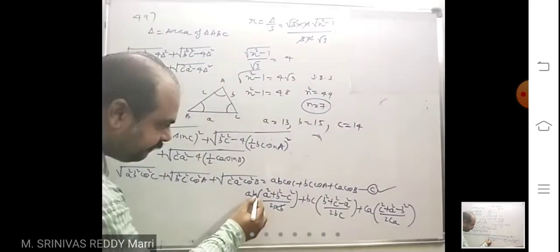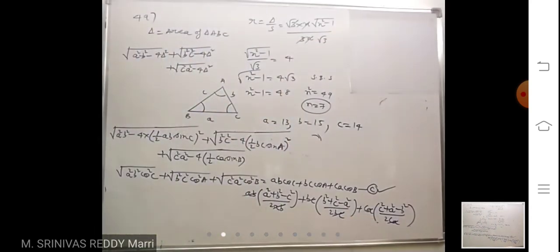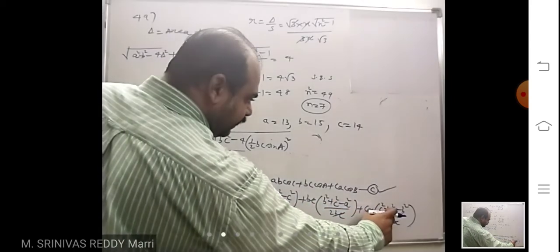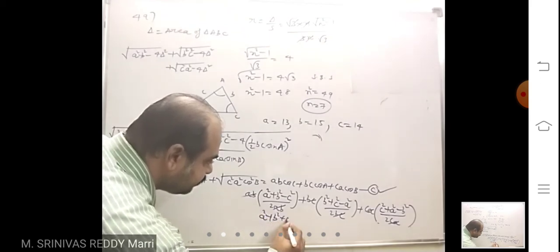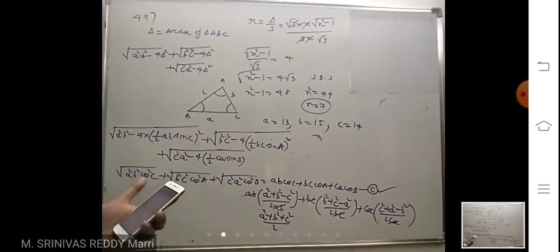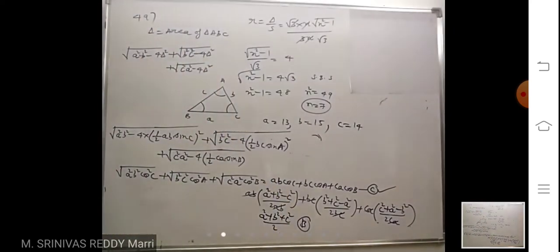Now AB will get cancelled, BC will get cancelled, CA will get cancelled. In the numerator, A square terms: A square plus A square, 2A square, minus A square. That means A square plus B square plus C square divided by 2. So that is another answer, B. C and B are the same, so those two are correct. That is a multi-correct answer.